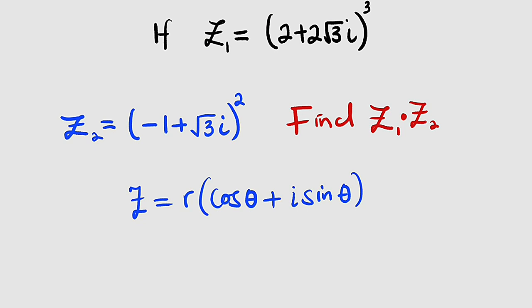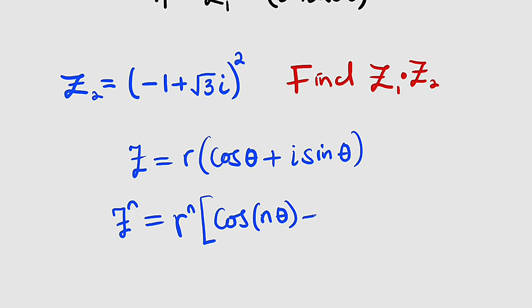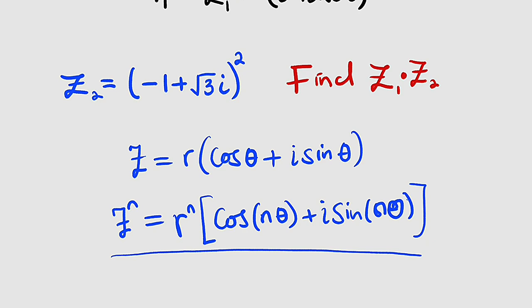But since our complex number has a power, z to the power of n, for instance, this is equal to r to the power of n, then multiplied by cosine of n multiplied by theta, then plus i sine of n multiplied by theta. So this is exactly what the Moivre theorem stated.